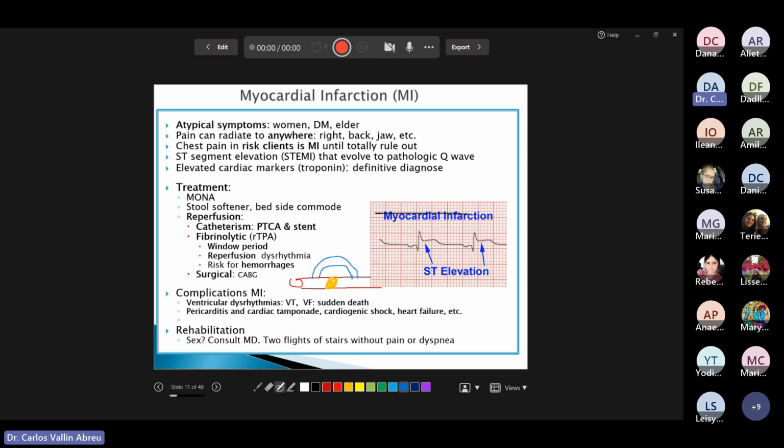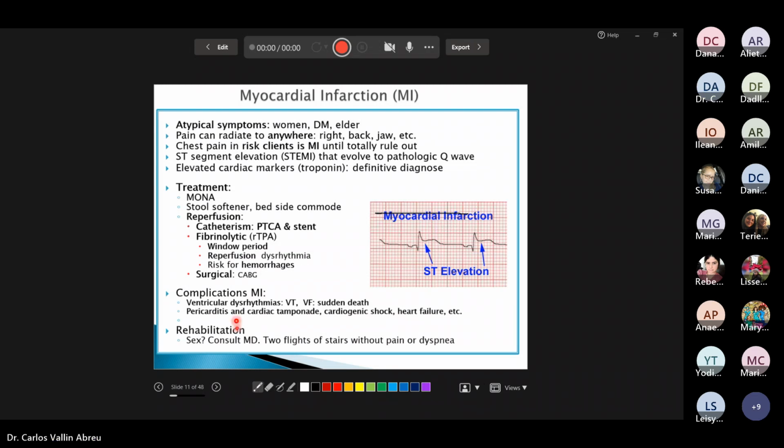Now the blood that was not able to flow here is going to flow through the bypass. This is a coronary artery bypass graft. It requires open heart surgery and all the perioperative care before and after surgery that you know.